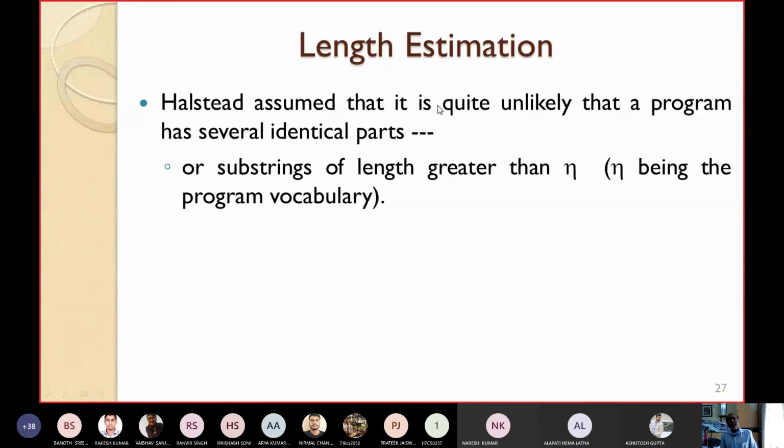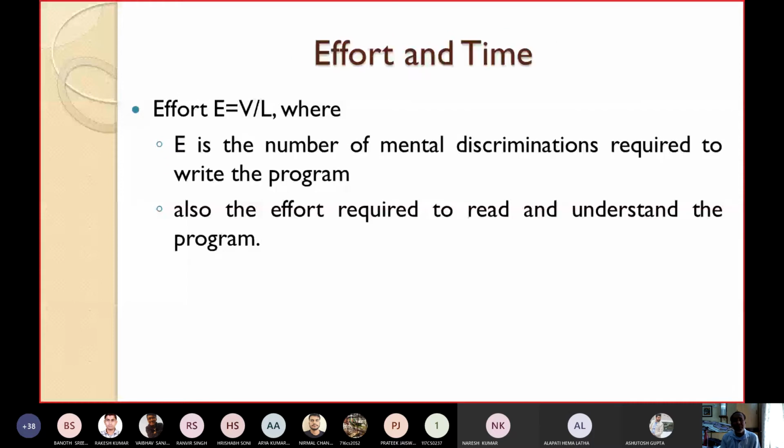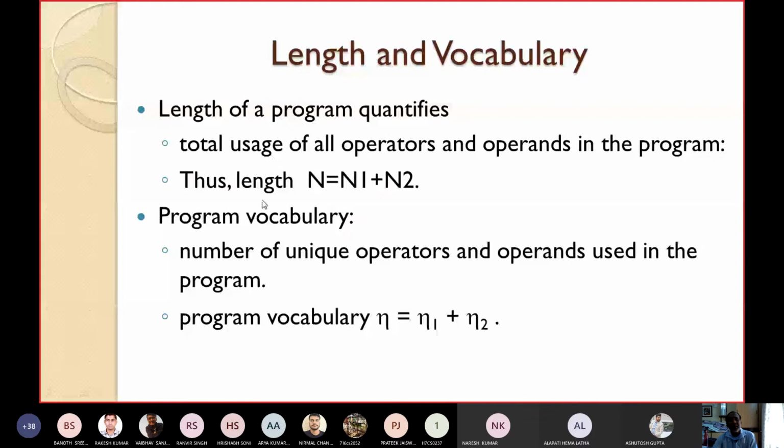Then I have already told you about program length. Now let's quickly discuss another method, because L can be computed as well. I have already told you earlier that program length is equal to N1 plus N2. But in another method, we have to know the total number of operators and operands.